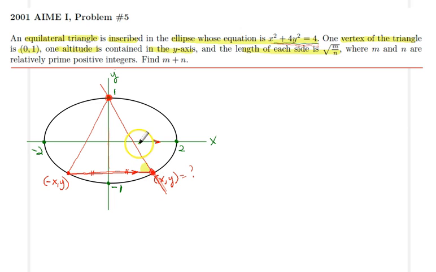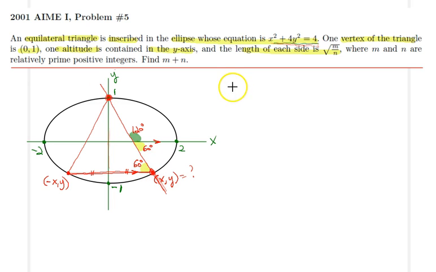Obviously, we have some equal angles here. These two angles are definitely equal. And second of all, we know that this angle will become supplementary to that yellow angle. So because it's an equilateral triangle, this is 60 degrees, this is 60 degrees, this one is 120 degrees.